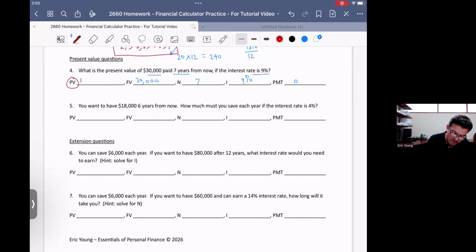And if you plug your numbers in, you'll get $16,411.03. What does that mean? Well, it could mean that if you put $16,411 away today and that money travels through time at 9% for 7 years, it'll grow up to be $30,000.